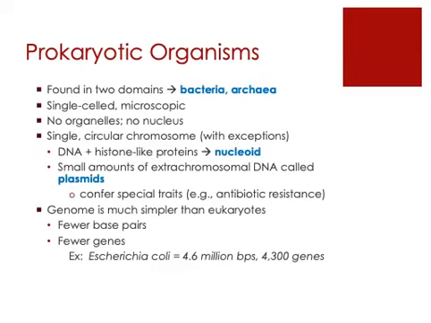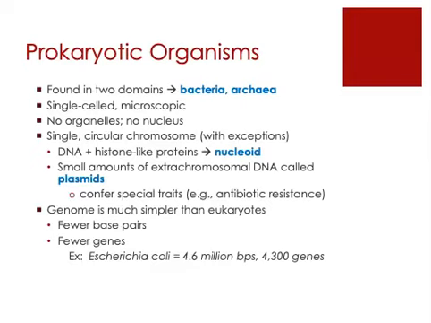There are some newly discovered prokaryotes that have multiple circular chromosomes, but the vast majority of prokaryotic cells have their DNA in the form of one circular chromosome. Now, that's different from you and I. We have multiple chromosomes, and our chromosomes are in a linear form. They're in a linear shape.